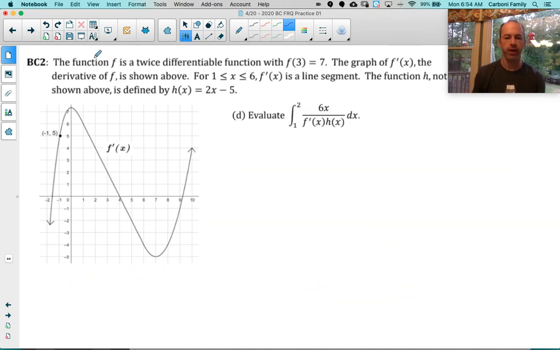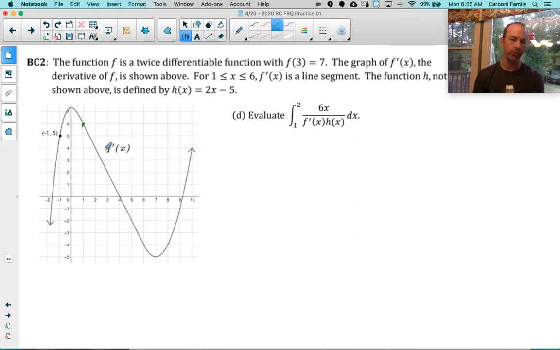All right, so moving on to part D, and this one's a little bit of a booger. Again, just like the other problems, I know what h of x is, so I'm going to plug h of x in. And to make this one a little bit easier, because this one does not look like a good parts problem or u-sub or something like that, I'm going to find the equation of the line that represents f prime from 1 to 6, because I am working on that interval.